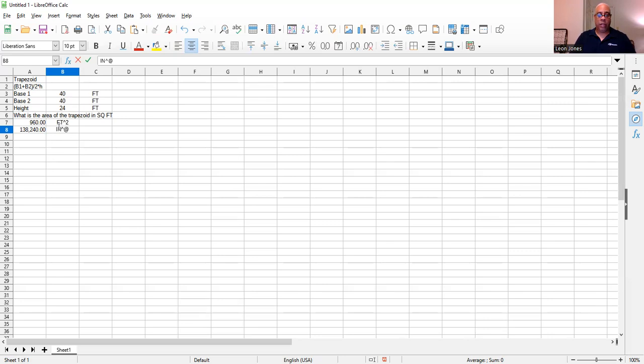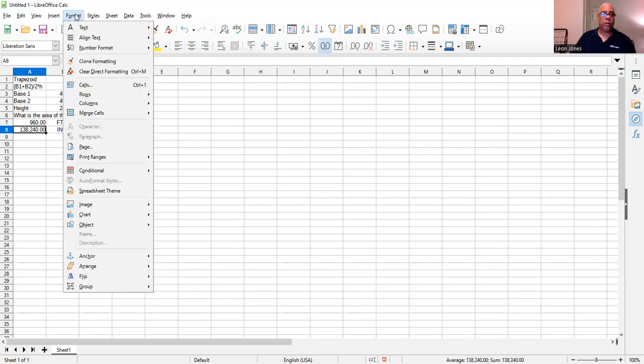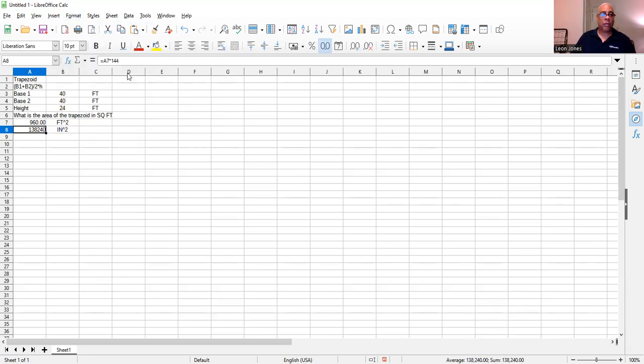And you get 138,240 square inches. Let's go ahead and format this and make it consistent. I'm going to put a comma in here. This is not the regular Excel. I could teach it better with the regular Excel, but you're getting the gist of it. You're getting the areas. And that's what you get when you convert it to square inches.